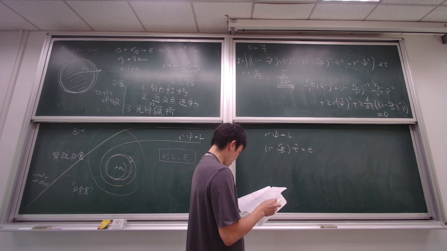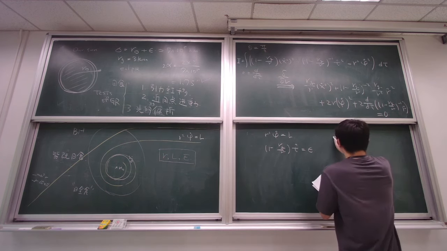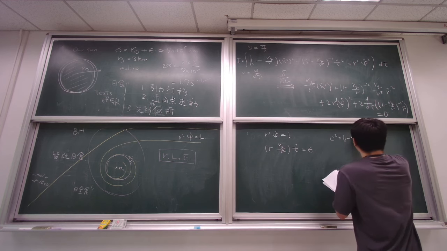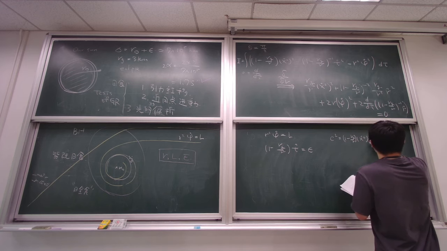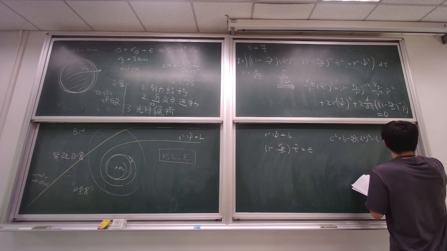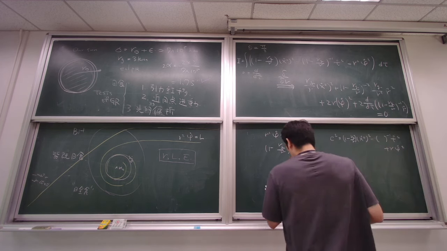And then we plug this into c square, which is equal to the equation of motion, (1 minus Rg over R) t dot square minus (1 minus Rg over R) inverse r dot square minus r square phi dot square.